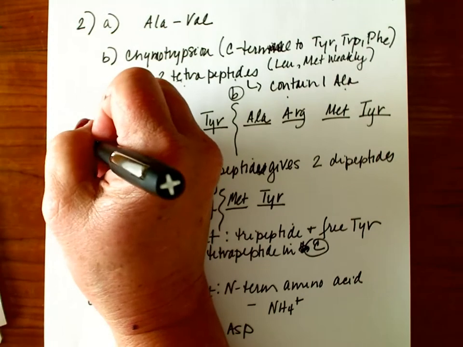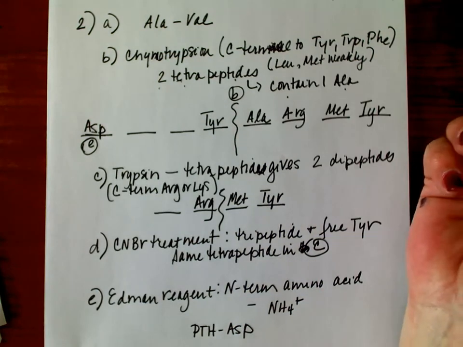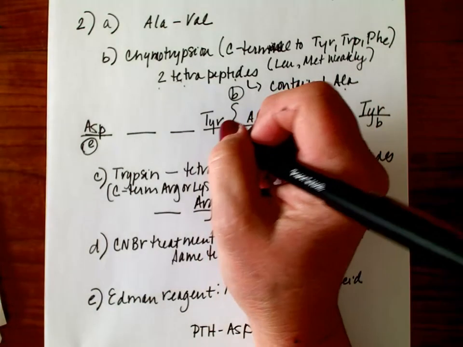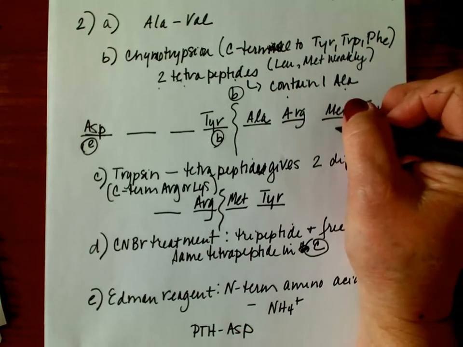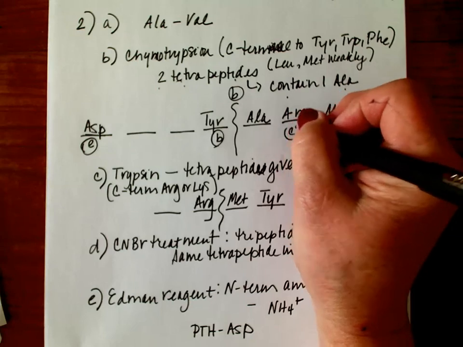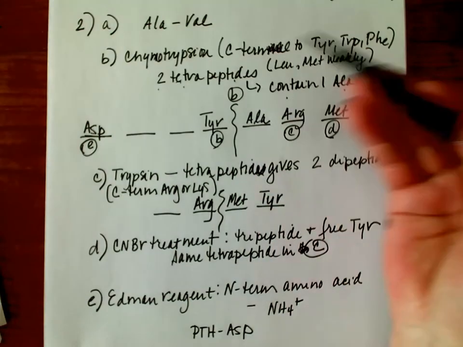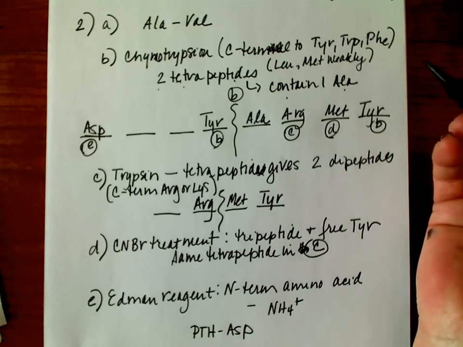This is from E. Sorry, I haven't been continuing to label these. We got tyrosine from B, methionine from D, arginine from C. This is by default because we know that both of the tetrapeptides contained alanine.